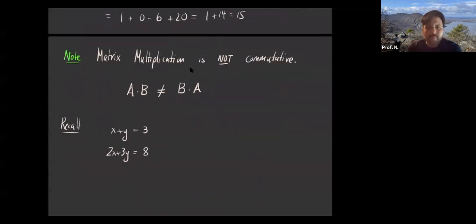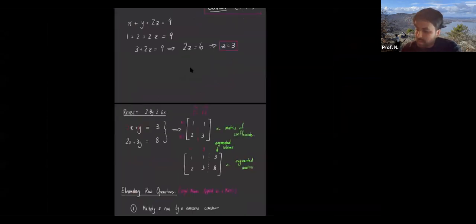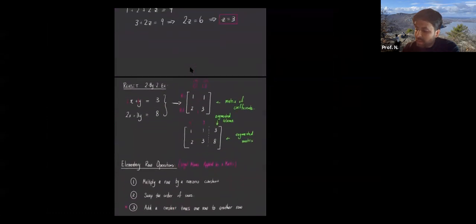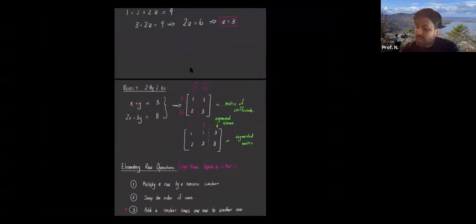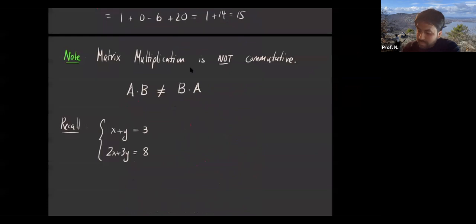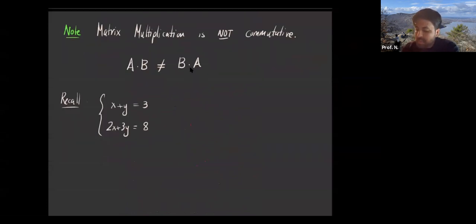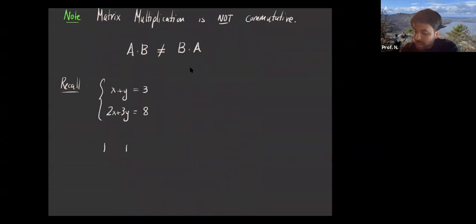We already know how to do this problem, and we solved it in more than one way. We used matrices and rewrote it as a matrix: 1, 1, 2, 3, and then we augmented it with 3, 8. An augmented matrix.